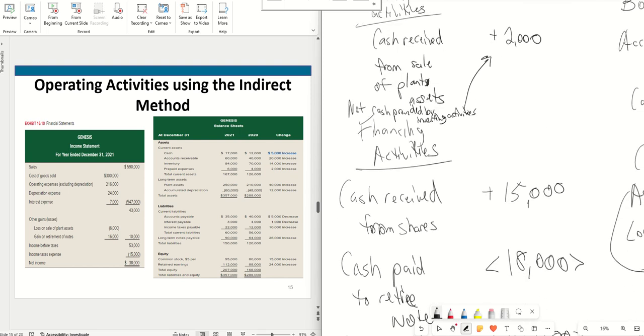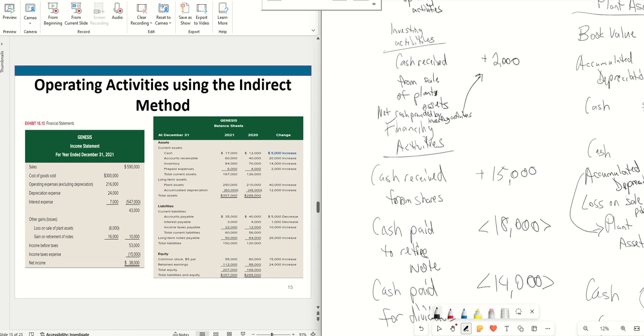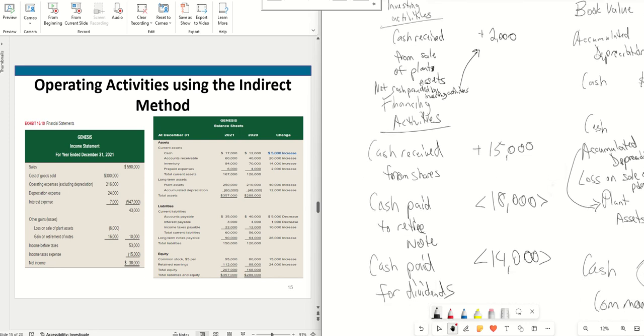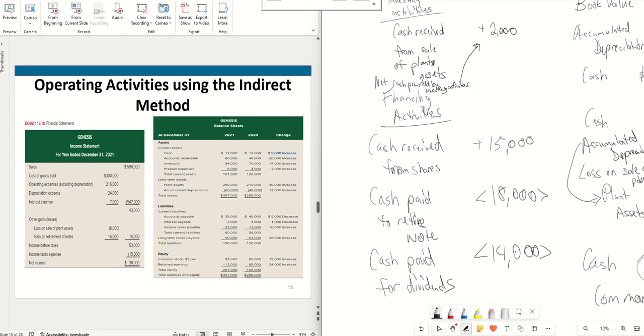Now we get to the financing activities here. Okay, so financing activities here, we have a plus $15,000. Then we're going to have a subtraction of 18,000 from cash paid to retire note. And then we have another subtraction of 14,000.